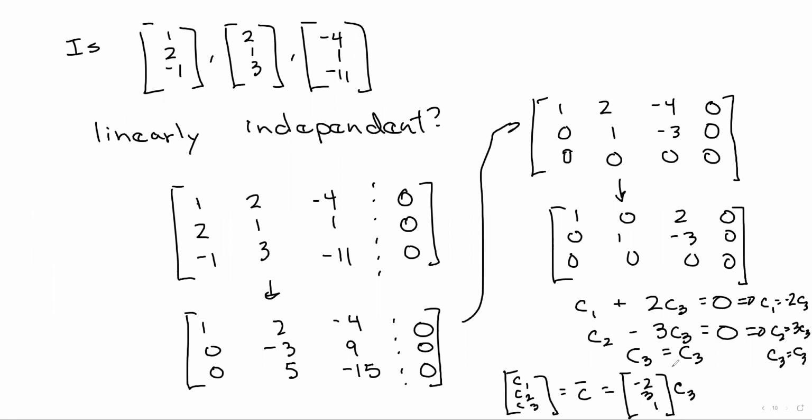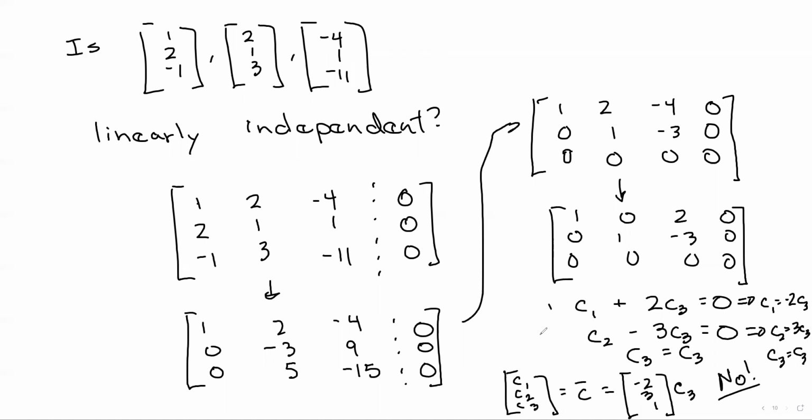No, we got a solution here where if you take C3 and you plug in 1, then C1 could be -2, C2 could be 3, and C3 could be 1, and that would make this equation true. And because there is a solution other than all 0, this is going to be linearly dependent. So is this linearly independent? The answer is no, not linearly independent.